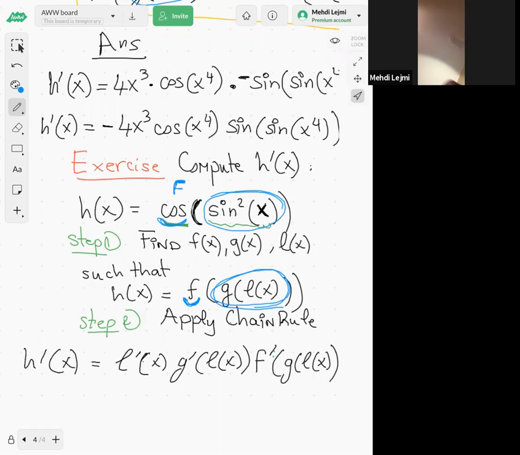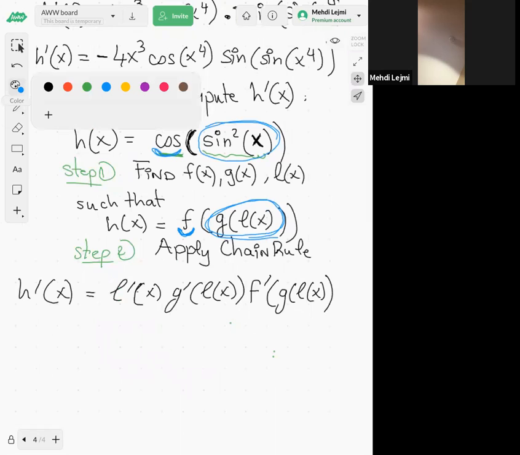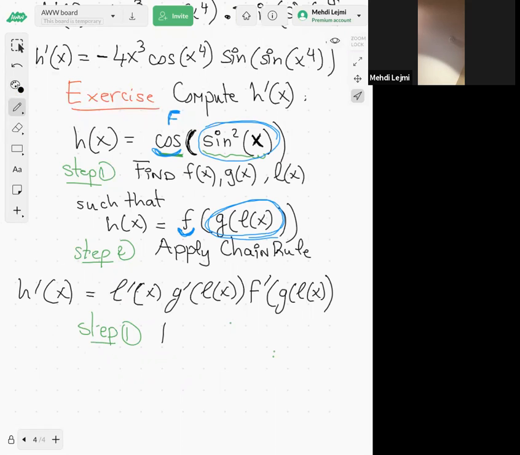So this is step 1. What we are saying is that f of x, the first function, is cosine. So my f of x is cosine of x.